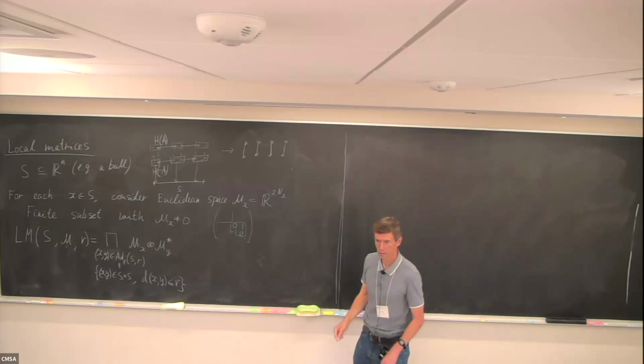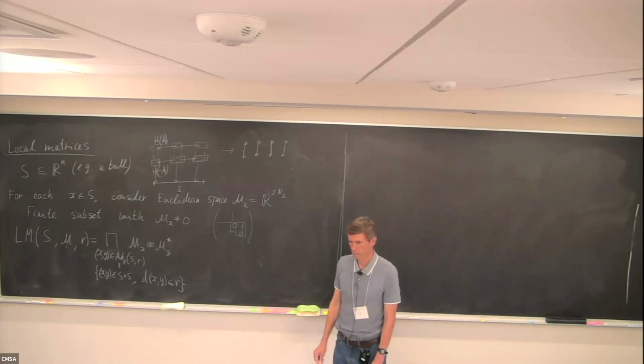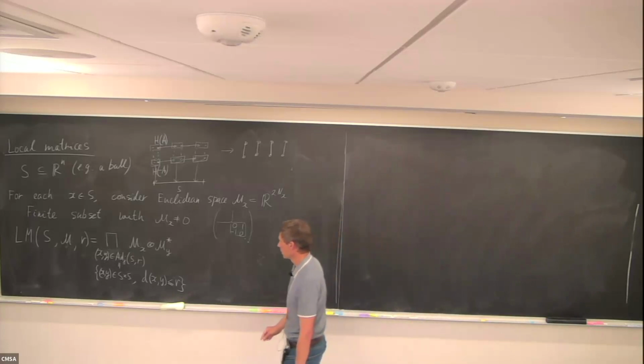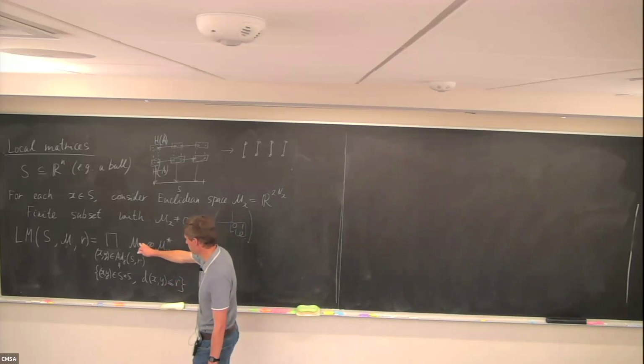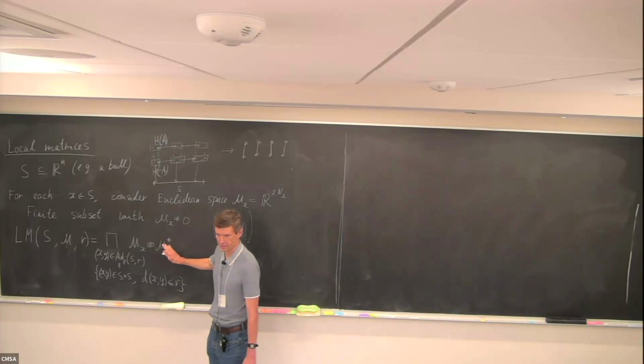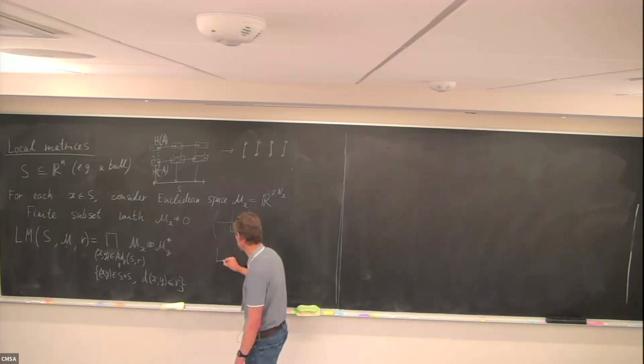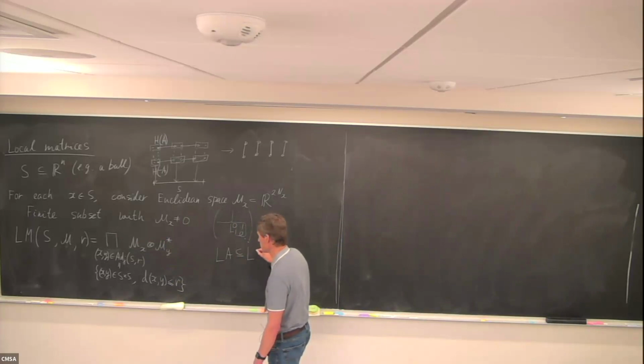Again, where the antisymmetry comes from: this tensor product is a space of all linear maps from M_Y into M_X. Let me be more precise. This is the space of all matrices. And we can define the space of antisymmetric matrices that are a subset of L_M.